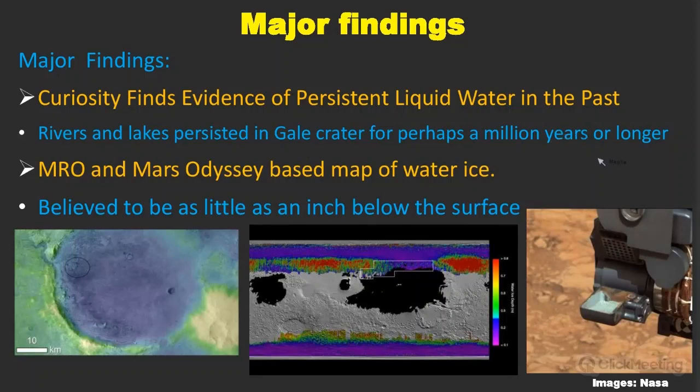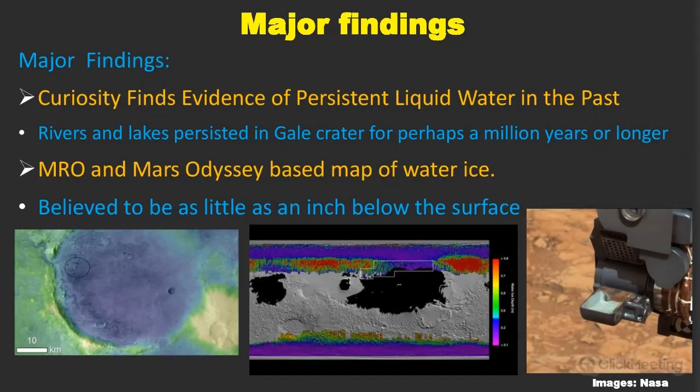Another interesting finding is that MRO and Mars Odyssey actually mapped water ice. If we are planning future manned missions to Mars, we need access to water not too deep.